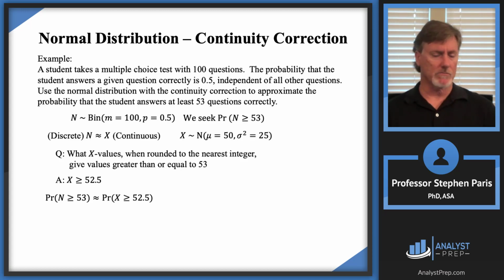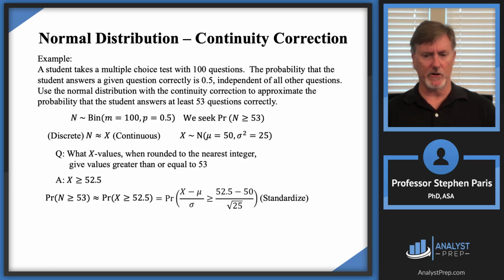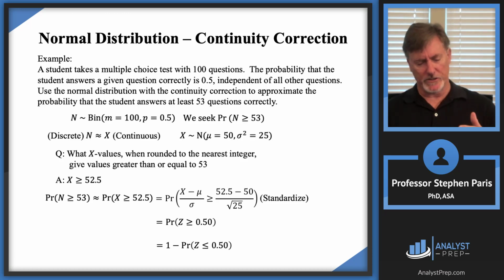From here on out, it's exactly as we did before. Capital X is a non-standard normal distribution, so we standardize it. We see we're seeking the probability that the standard normal is greater than or equal to 0.5, which is 1 minus the probability the standard normal distribution is less than or equal to 0.5.